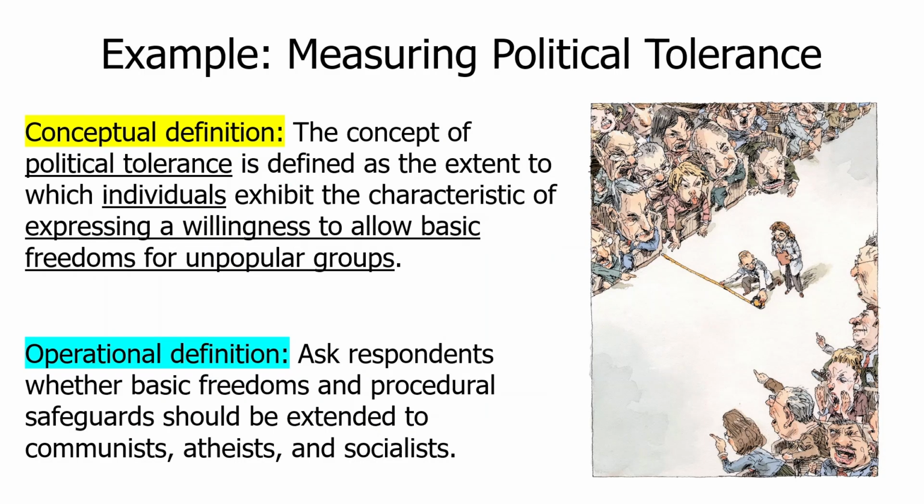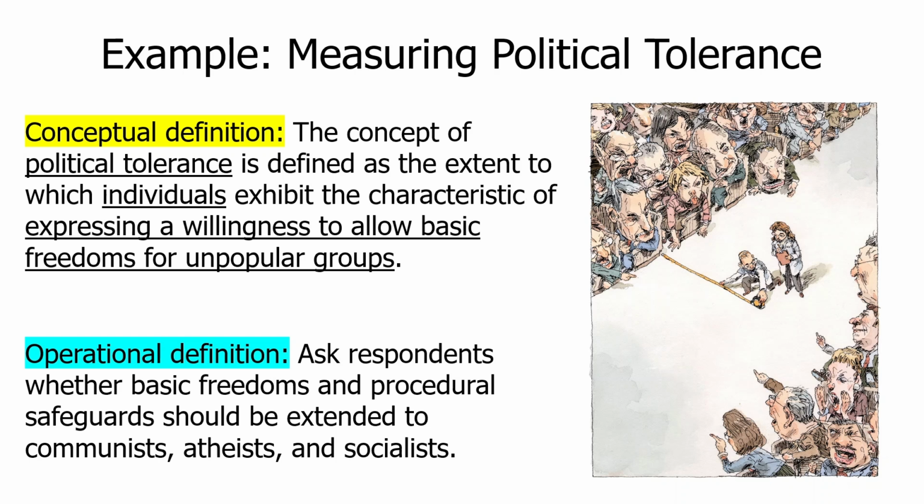All right, let's talk about a political science example of a systematic measurement error, and this is from the tradition of public opinion research. Scholars, beginning really after World War II, going back to the 1950s, became very interested in political tolerance. And here is a serviceable conceptual definition of political tolerance. The concept of political tolerance is defined as the extent to which individuals, and it's almost always studied at the level of individuals, exhibit the characteristic of expressing a willingness to allow basic freedoms to unpopular groups.